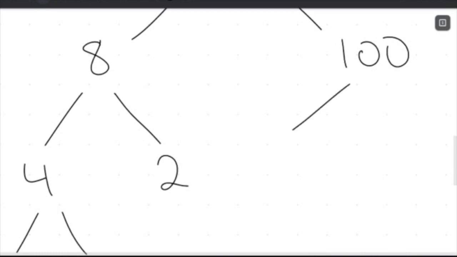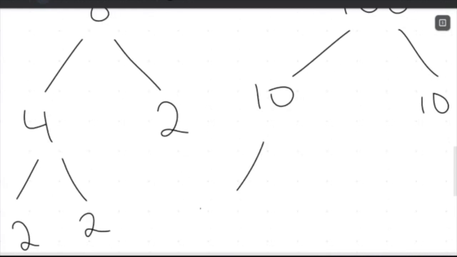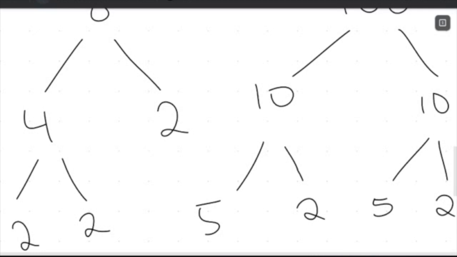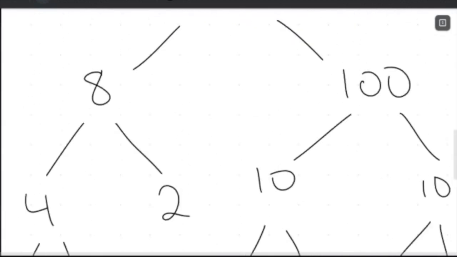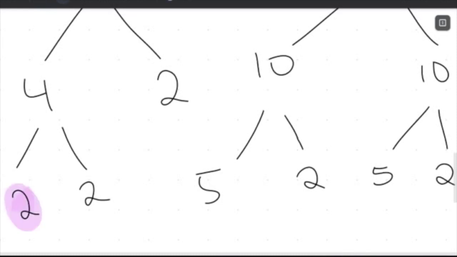And my 100, I have 10 times 10. This 10 I can break up into 5 times 2, and same with this one, 5 times 2. So I can decompose 800 into 2 times 2 times 2 times 5 times 2 times 5 times 2.